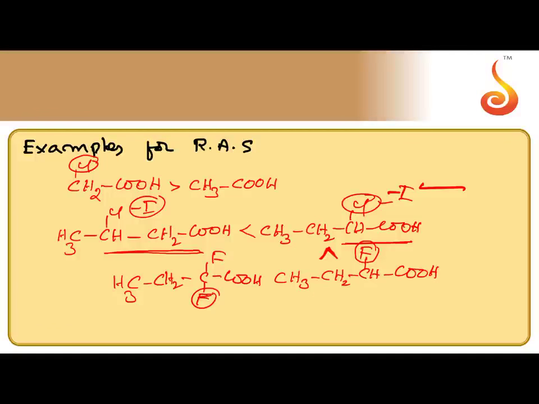Since two minus I groups are there, still it is more acidic. Let us compare aliphatic carboxylic acid and aromatic carboxylic acid. Aromatic carboxylic acid. Here it is acting as electron withdrawing group, alkyl group acting as electron donating group. So automatically benzoic acid is more acidic.